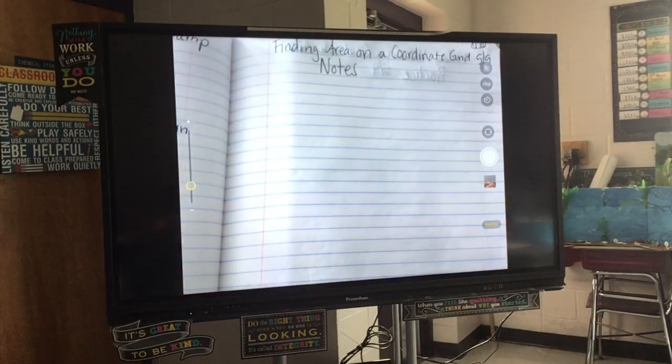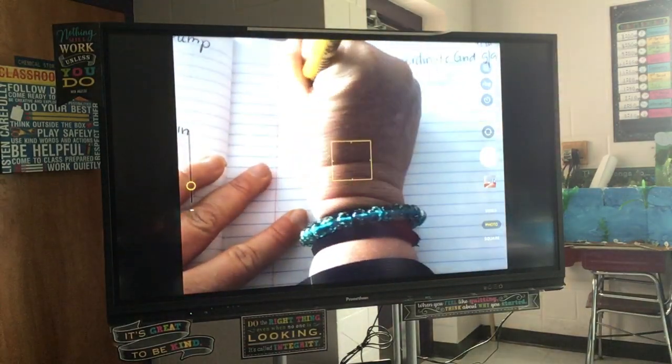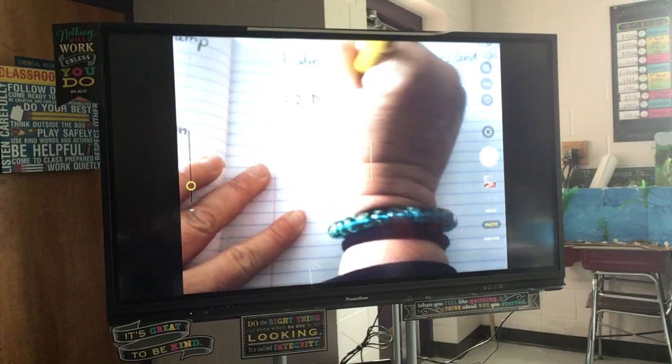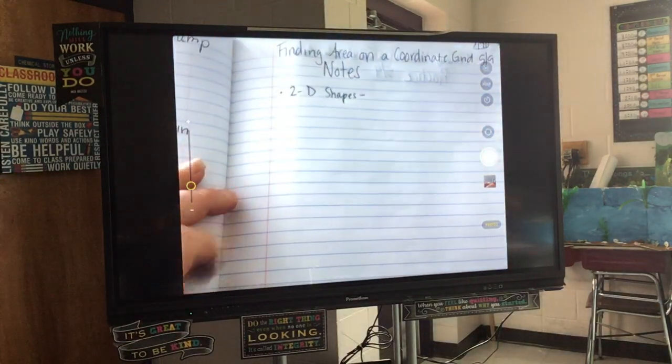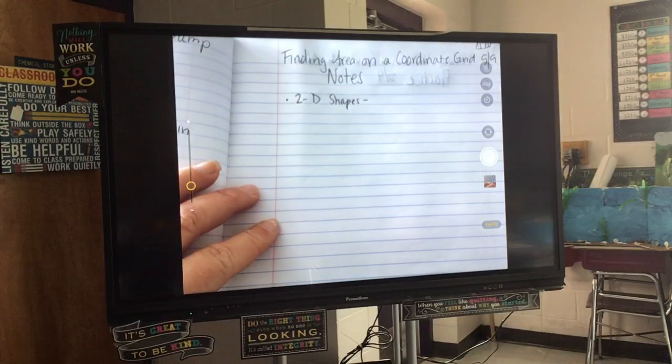Alright, so when you find the area, what kind of shapes are you dealing with? 2D or 3D shapes? Ben? 2D. Alright, so 2D shapes. And what kind of shapes are 2D shapes? They're flat shapes.